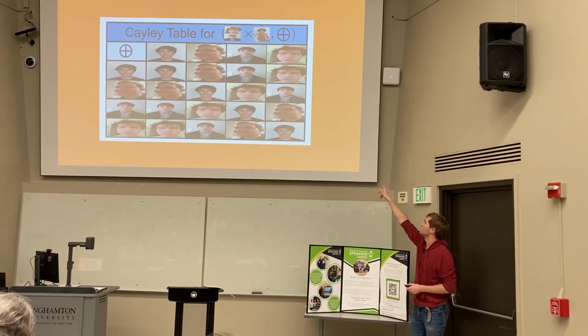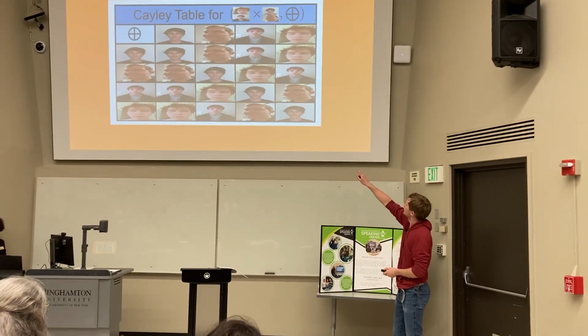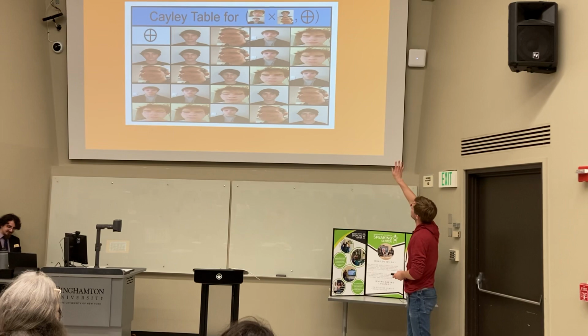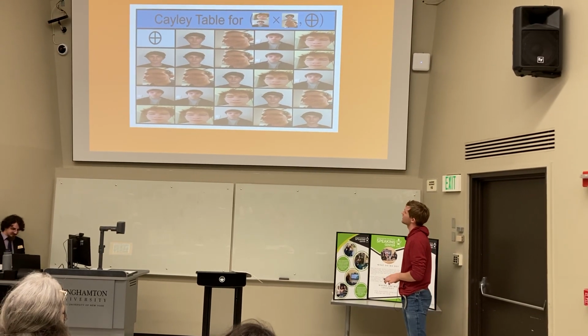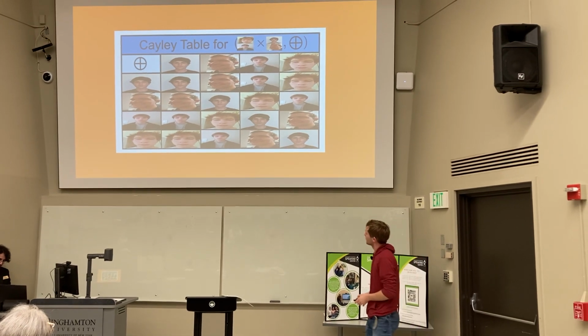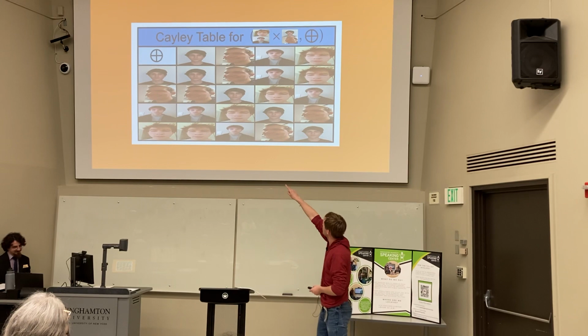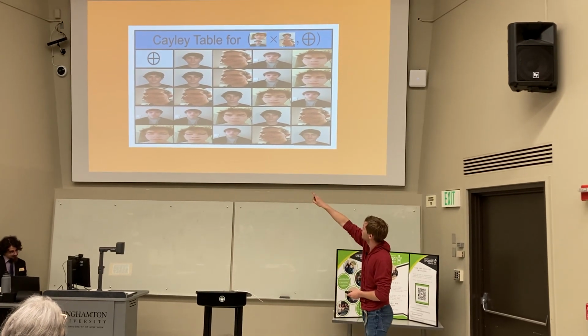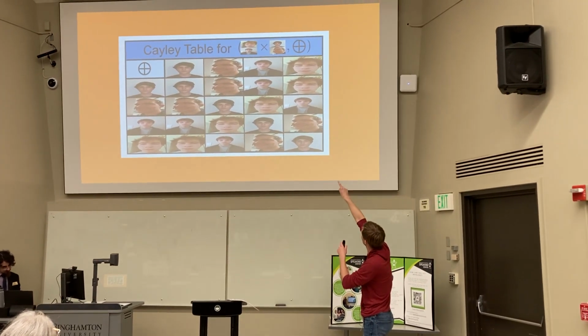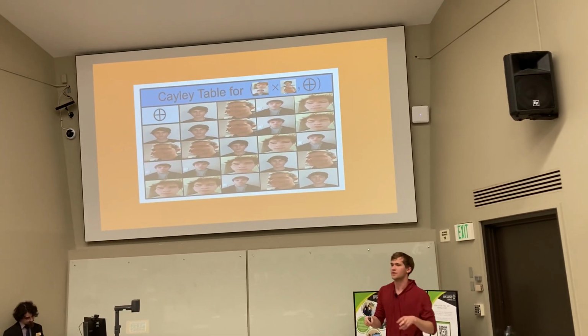So here's a Cayley table that I made as a little funny image for my friend of, there's me, and then there's 4 of my friends, or 3 of my friends. Basically, it looks really complicated as we look, but we have this little funny guy as the first, the little black-haired guy. And we see that if we multiply him by any other person, we get the person back. So he almost functions as 1.